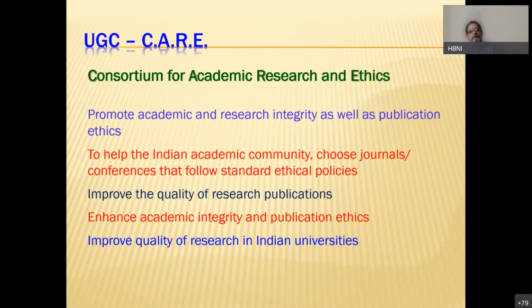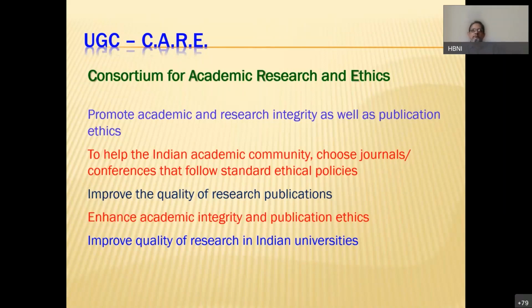And by doing this, they hope to help the Indian academic community to choose, number one, journals, and number two, conferences that follow standard ethical policies. Now, what do you mean by this? Journals or conferences that follow standard ethical policies.